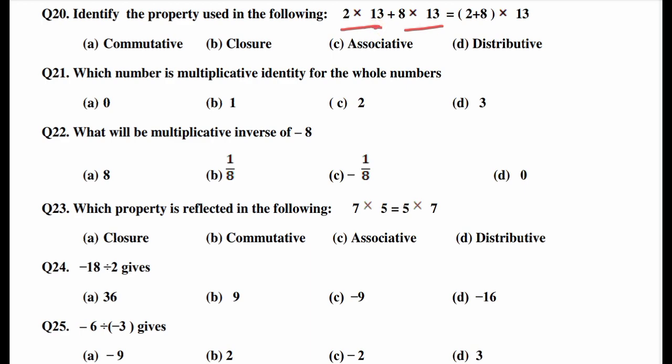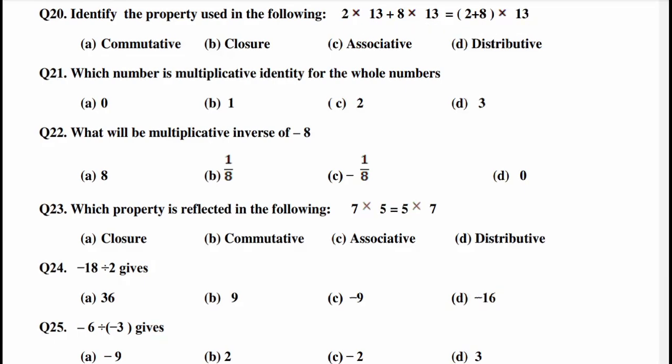Now 13 is taken common here and the rest of the numbers are written in the brackets. This is called the distributive property of integers because here the distribution is done of this multiplication over addition. So this property is called the distributive property.